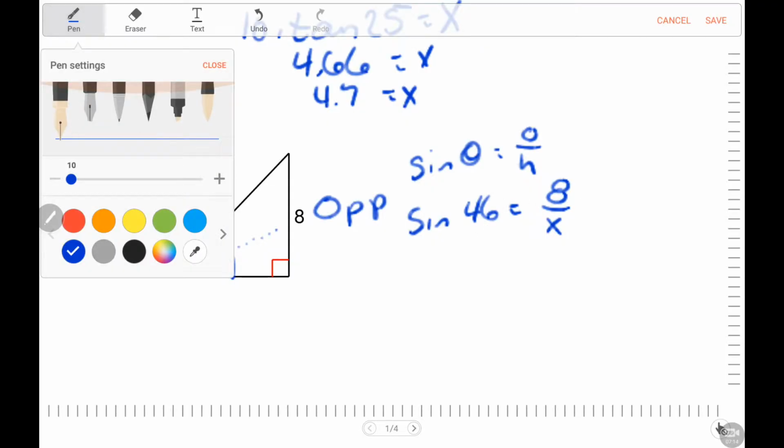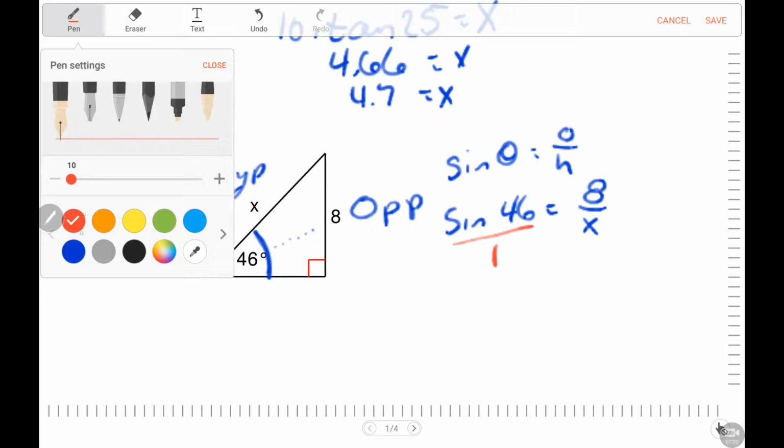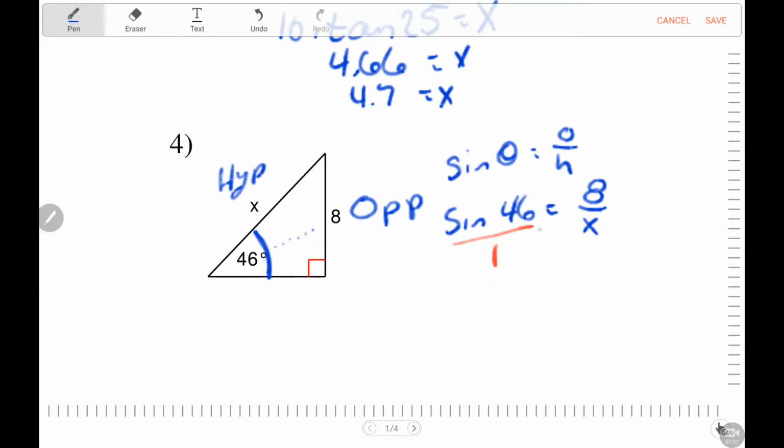But you have to remember that when you cross multiply this, okay, this is what happens. That sine is really over 1, and when you cross multiply, you actually get x times sine 46 equals 1 times 8, which is going to be 8.